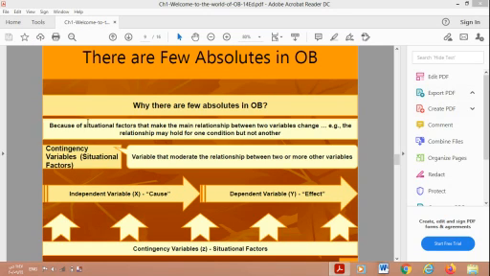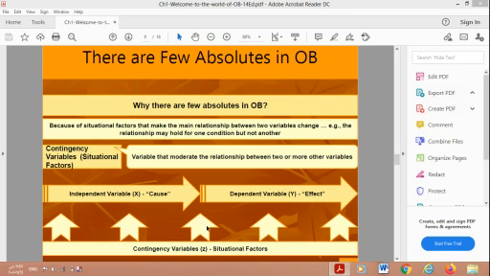Okay, so why are there few absolutes in organizational behavior? Because of situational factors that make the main relationship between two variables change. The relationship may hold for one condition but not for another. As we said before, there are two variables, the cause and effect variables: the independent variable, which is the cause, or the controllable variable, the x variable, and the dependent variable, the y variable, which is the effect.